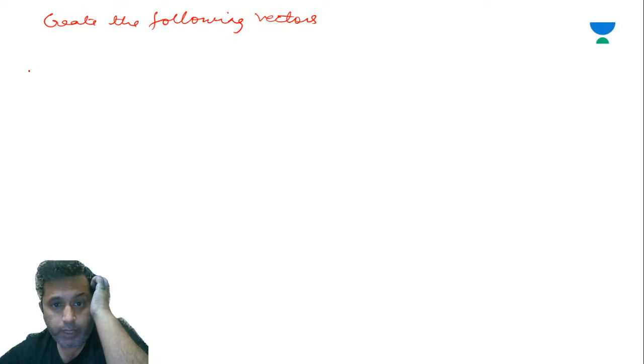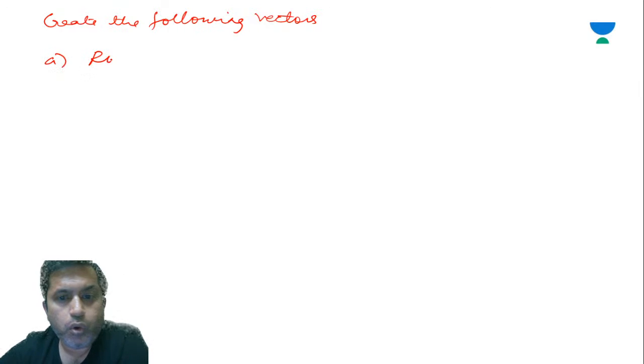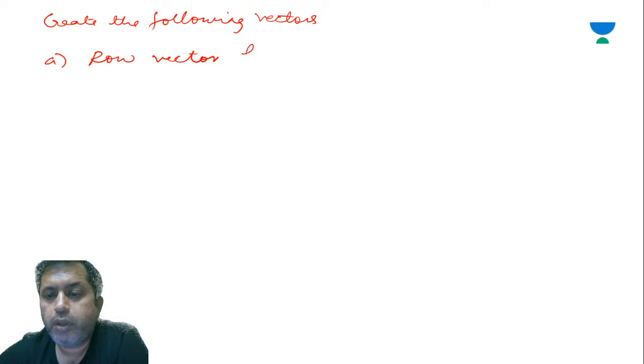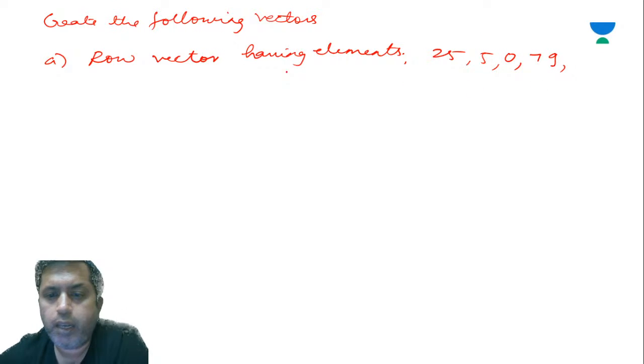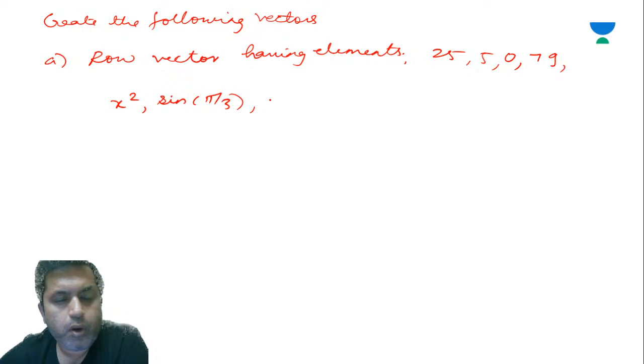Let us see a row vector having elements 25, 5, 0, 79, x square, sine pi by 3, 12.15.